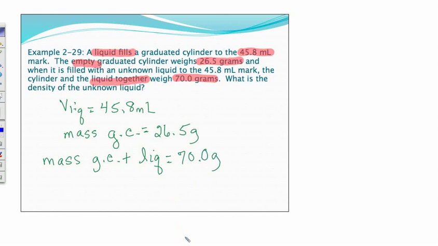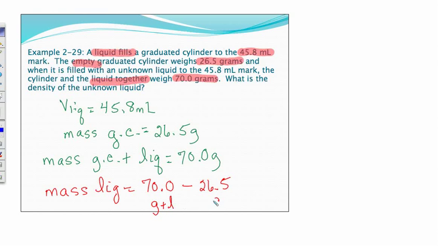In this case, I think that listing your givens right now will make it a little bit more evident that I can find my mass of liquid. My mass of liquid alone is equal to the mass of liquid plus the graduated cylinder minus the mass of the graduated cylinder.